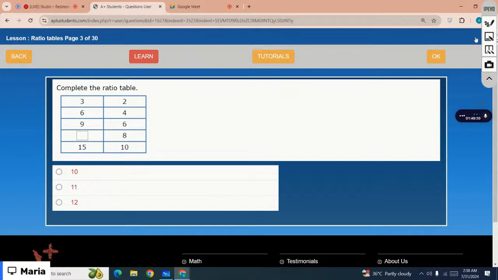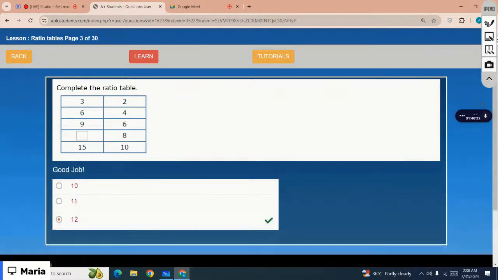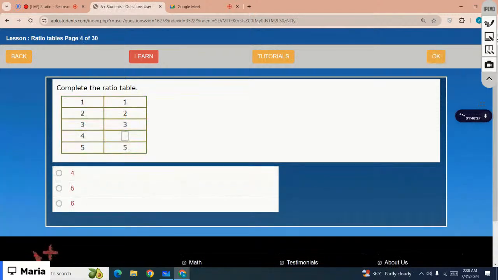Very good. 12, it is option number 3 is the correct option. Complete the ratio table.